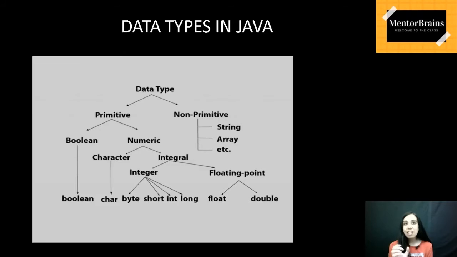So this char is the data type. Then if you want to store decimal point values, for that you need float and double. These are also two types of data in Java. These are data types. Data types are basically identifying the type of data which are used to store that data in variables.